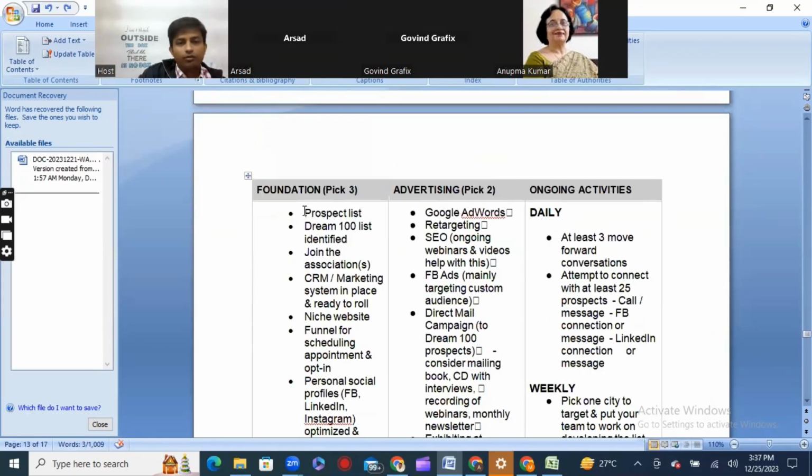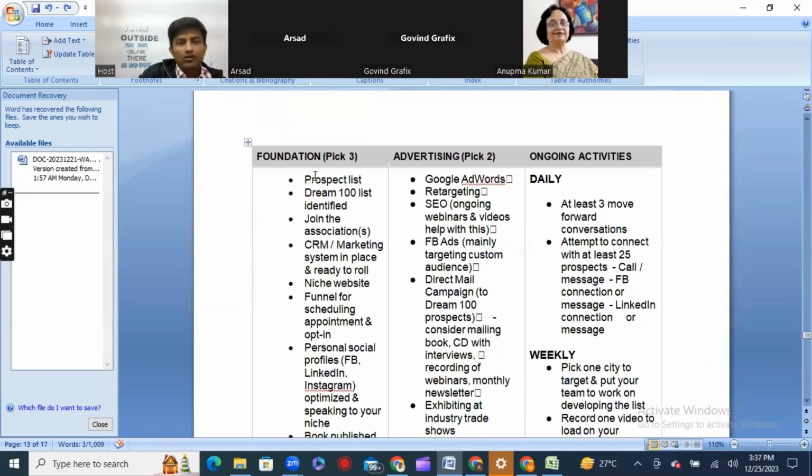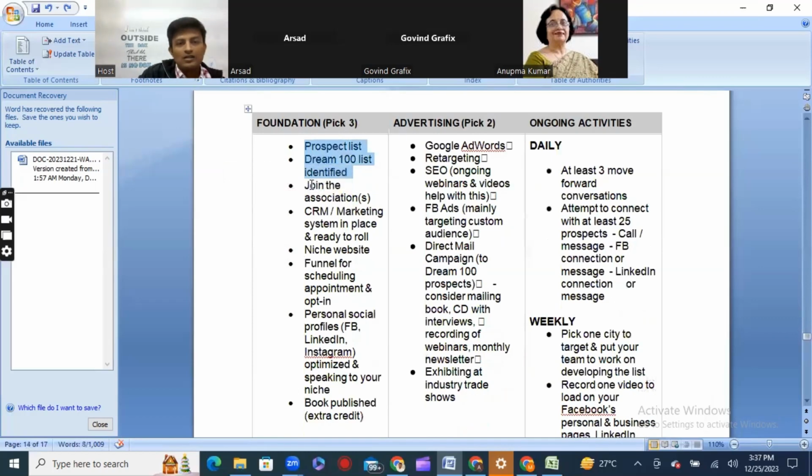This is the foundation. This is the checklist you have to make, okay. You have to make your dream 100 list, prospecting list. Join the associations, which are the groups. CRMs, you have to set up your CRM. Niche website, you have to search your niche website.